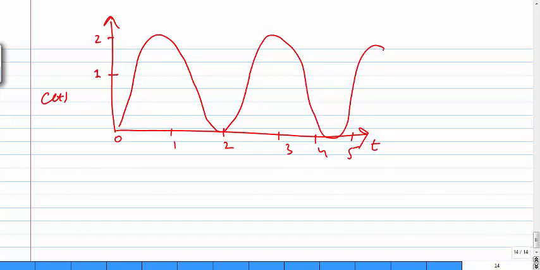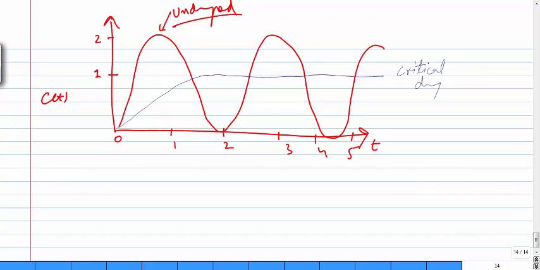So this is the undamped response. Undamped response means that you have complex j omega axis poles. Then we have the critical damped response.